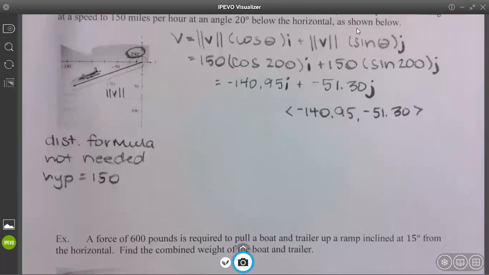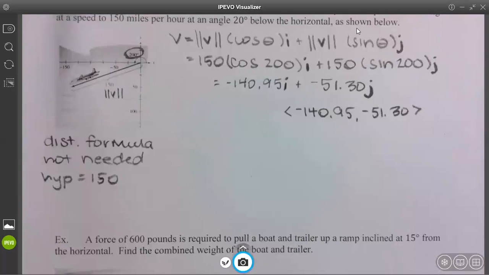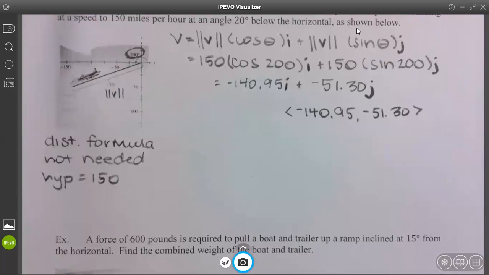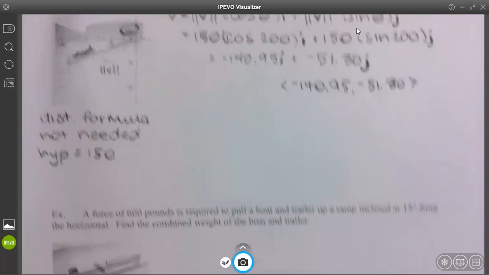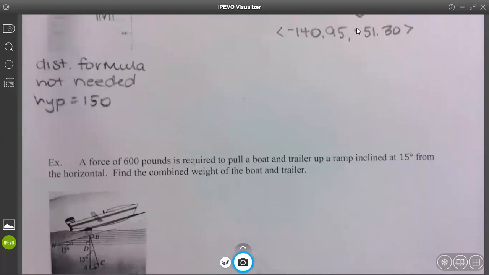I'm going to read this one while you guys are still writing that if you still have it. A force of 600 pounds is required to pull a boat and trailer up a ramp inclined at 15 degrees from the horizontal. Find the combined weight of the boat and trailer. All right, so I'm going to give you some information.